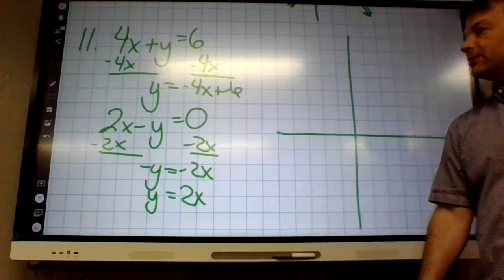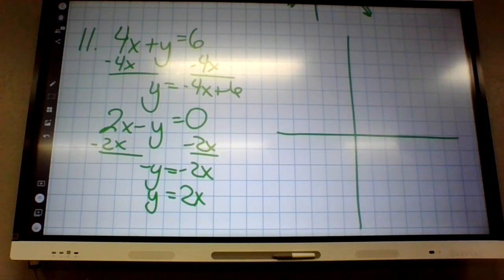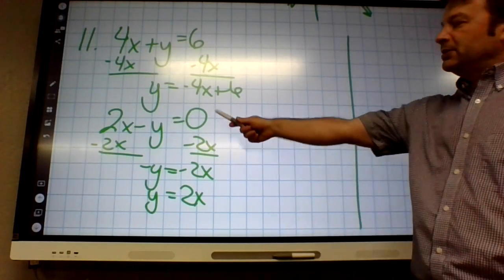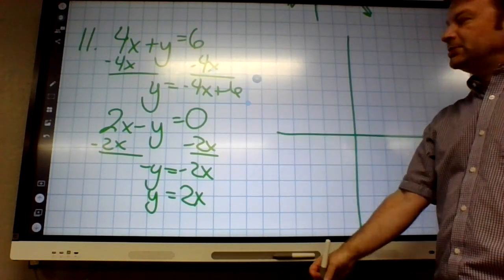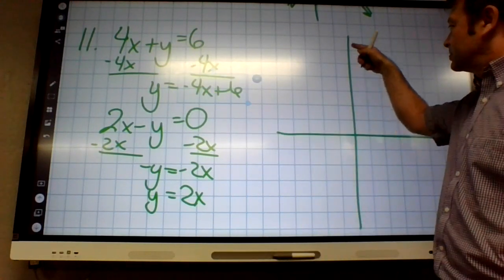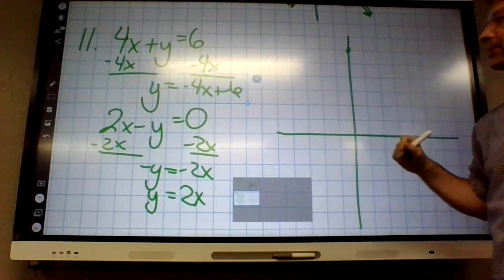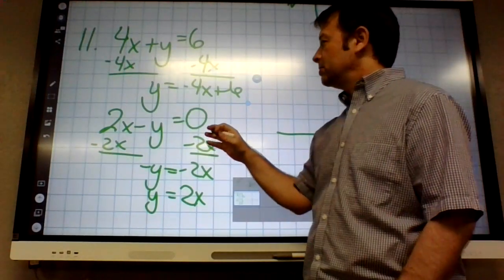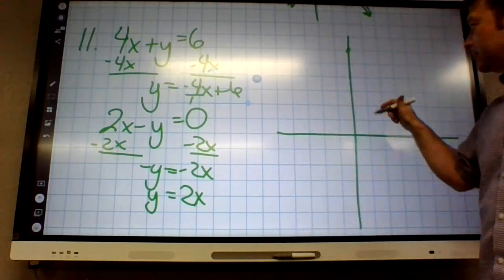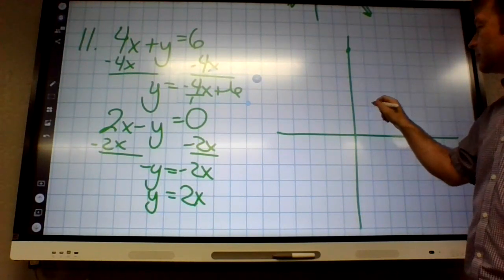Where are we going to start that graph at? Up 6. 1, 2, 3, 4, 5, 6. And where are we gonna go from there? Down 4 over 1. Down 4, right 1. 1, 2, 3, 4.